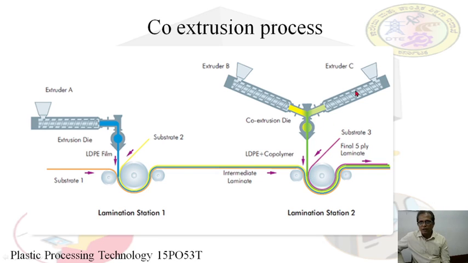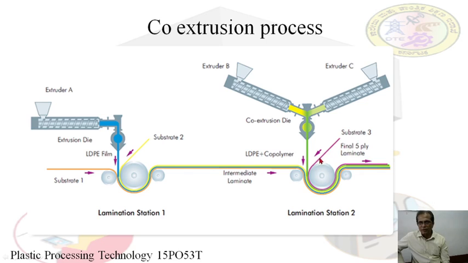Here plastic material from extruder B and extruder C, whose function is the same, to melt the material and pump it to the common die, and the material comes out and is passed in between the previously prepared laminate and another substrate, that is the third one.